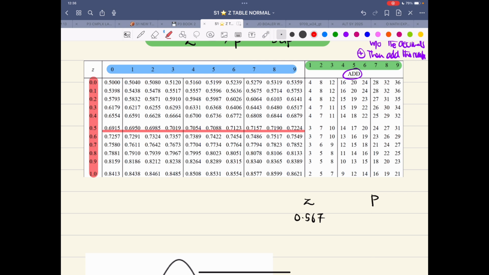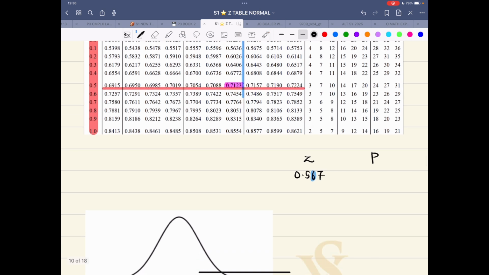And then we are talking about 6, the 6th thing that is going like this. First of all, you are getting this particular value, which is 0.7123. Do you realize it? Let me highlight it for you. This is 0.5. This is 6. This is the common value. So 7123. So write this as 7123.